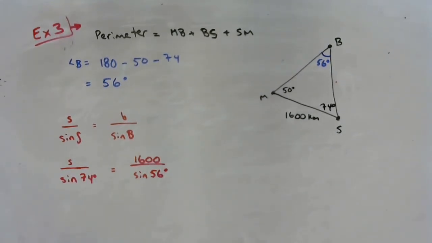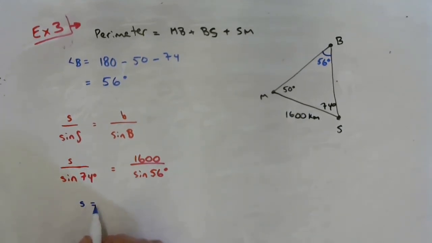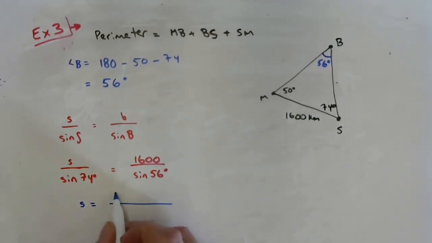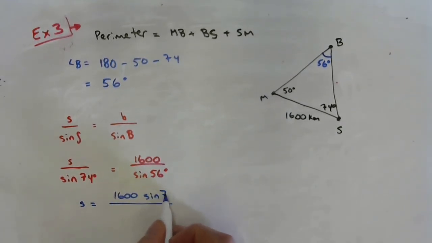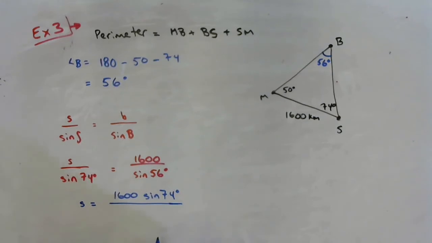How do I solve for S? Multiply both sides by the sine of 74, not by 74. It's going to end up looking like this. S equals, in the numerator, 1,600 sine 74. You don't even need brackets or anything, and that still makes perfect sense. This is a single entity.